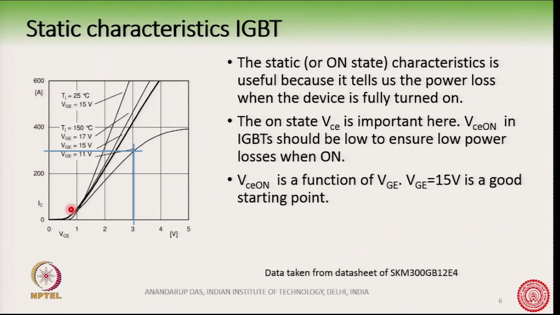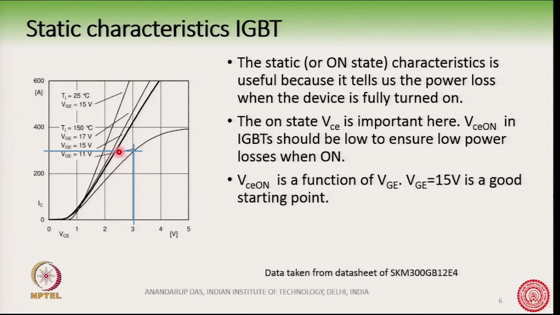Here we see a curve of the collector current IC versus VCE, that is the collector emitter voltage. Initially the device is turned off, so there is no current flowing and VCE is 0.